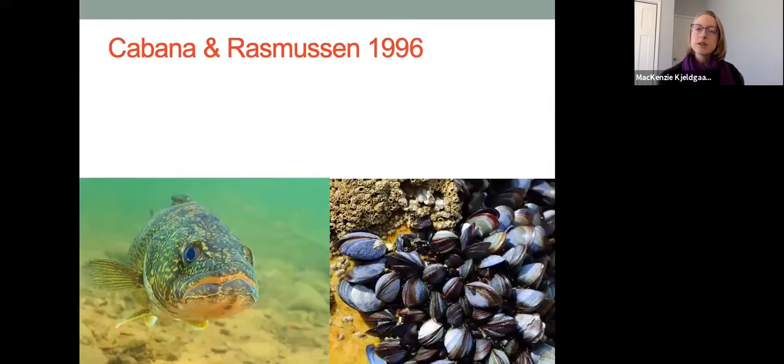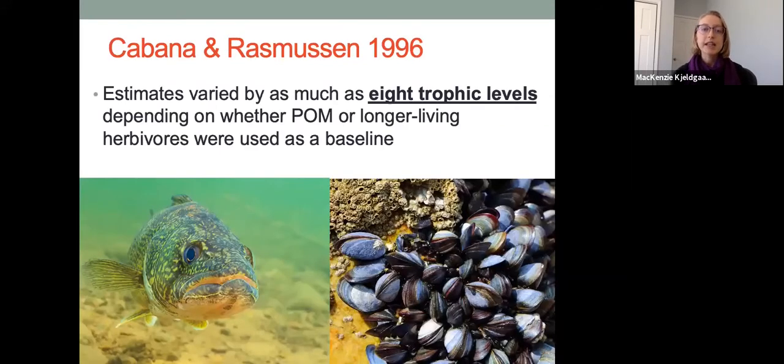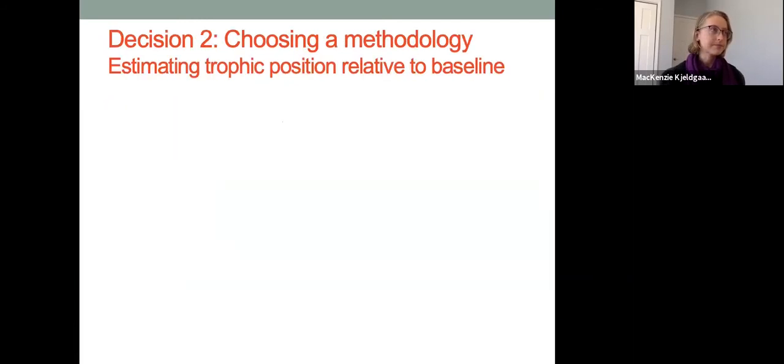And Cabana and Rasmussen in 1996 demonstrated that estimates can vary by as much as 8 trophic levels, depending on the baseline material that's used. So finding the appropriate baseline material is very important in accurately estimating trophic position.